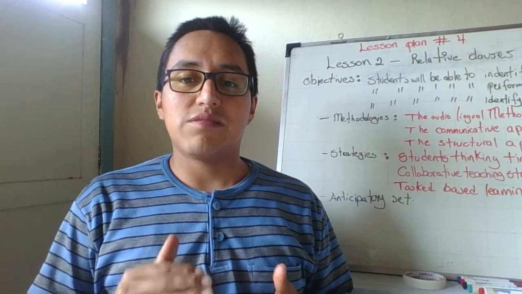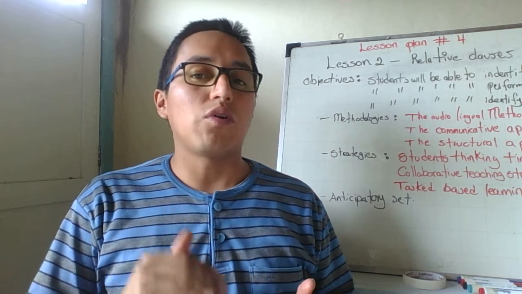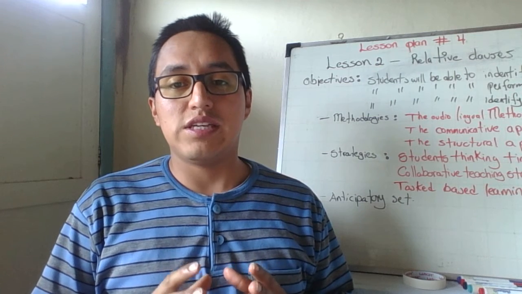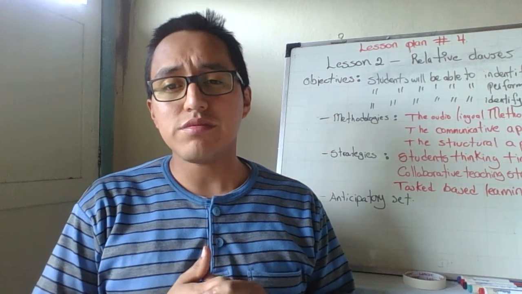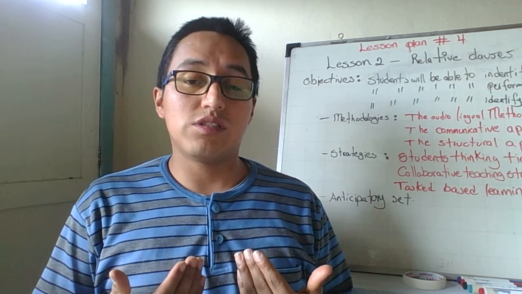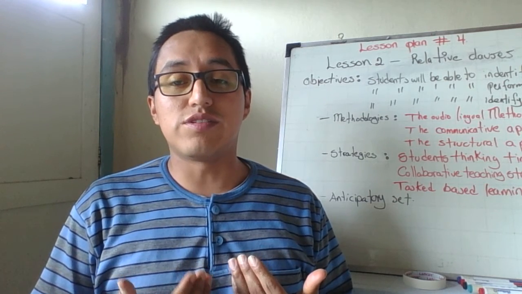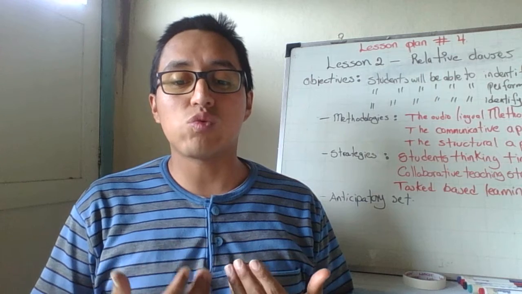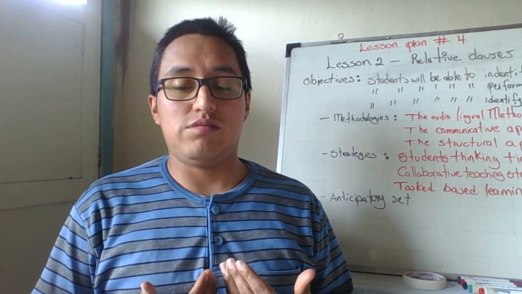The proficiency level of the students is B1.1. The grade is second. In this lesson, we have 4 TEFL objectives. The first objective is that students will be able to recognize and identify connectors.